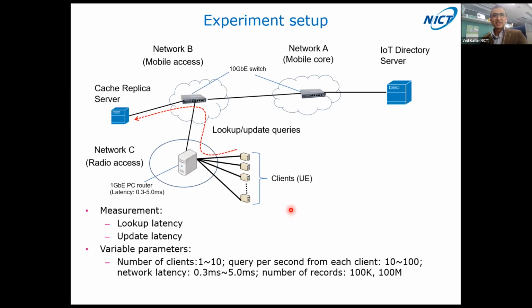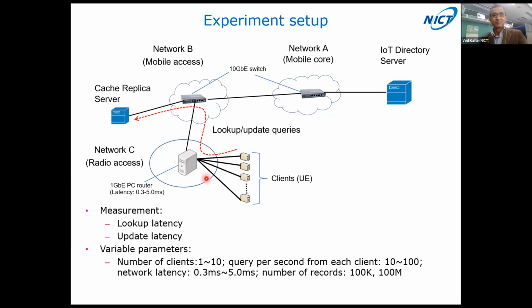And we did some experiments, as shown here. What we have here is the directory server, a central directory server. Then we have some sort of network here, core network, access network, and then we have the edge cloud type of device for the replica or cache server.